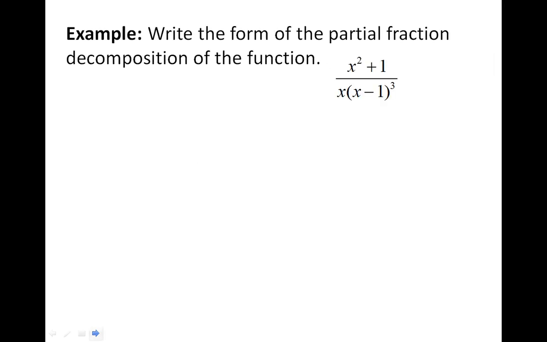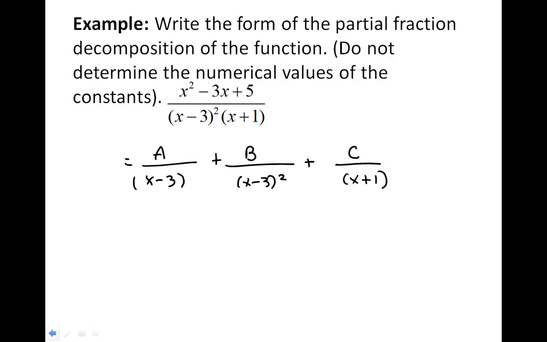All right, let's see what this one would look like. Write the form of the partial fraction decomposition of this function. So here, notice you have x minus 1 cubed. Okay, so that's a repeated linear factor.